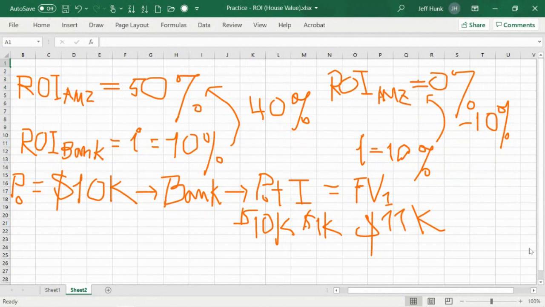Now let's turn the table around. I believe most of you are using the bank to save your money, right? To invest, to save your money. So you are a lender.